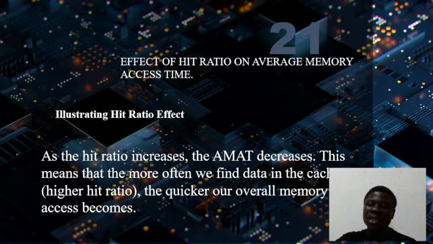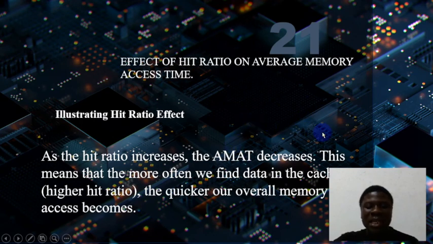So let's say the hit ratio increases by 5, then it means the amount or the access time will be much shorter. And this means that the graph will be projected high, or let me say it will have an increase in hit ratio.